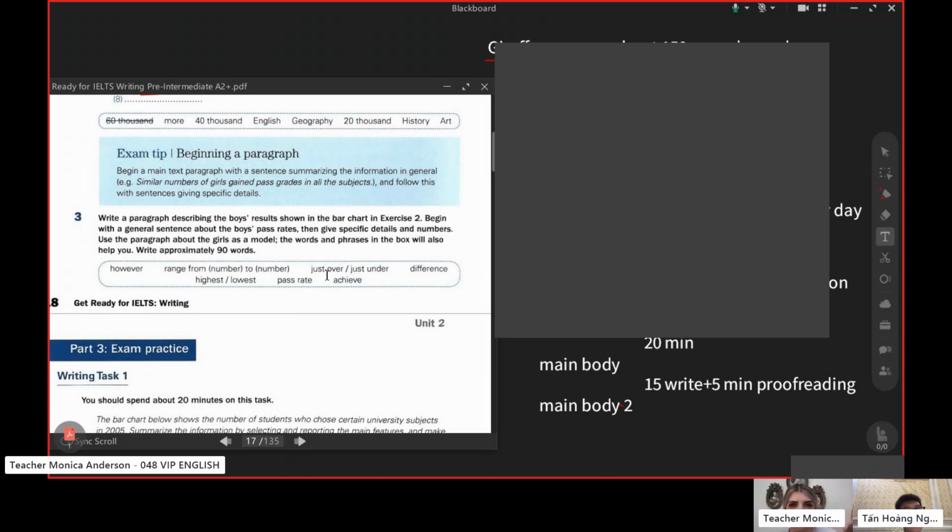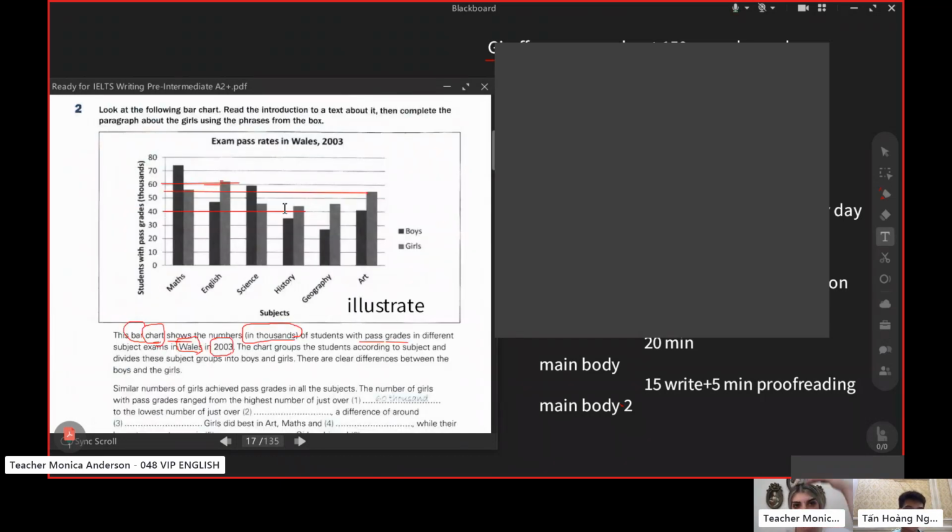Something you're not sure about, you don't want to mention. So you can use some words and phrases like just over, just under. When there is a small distance, you can say just over or just under.